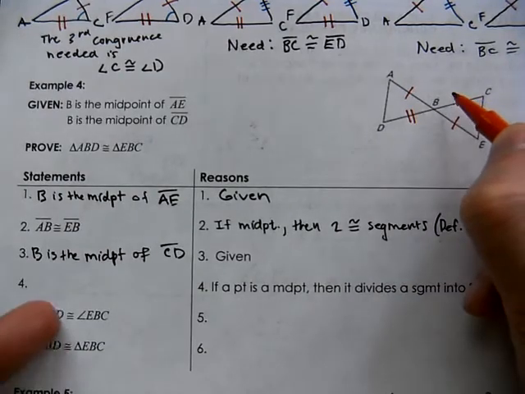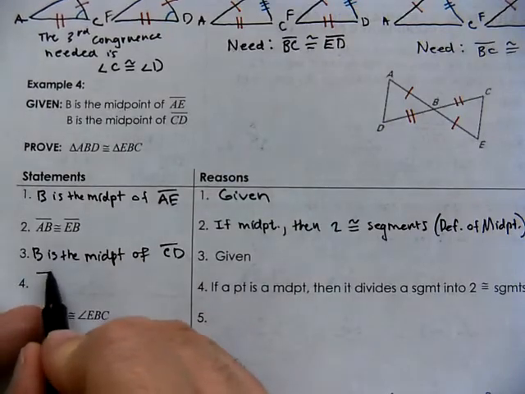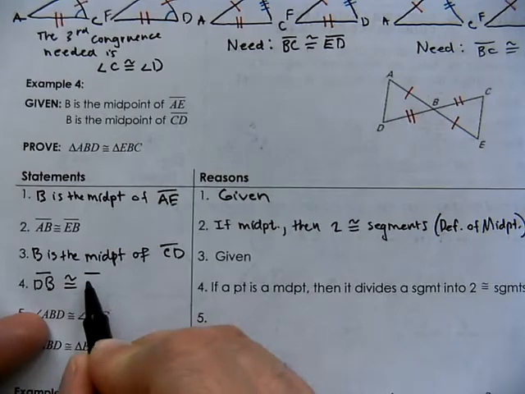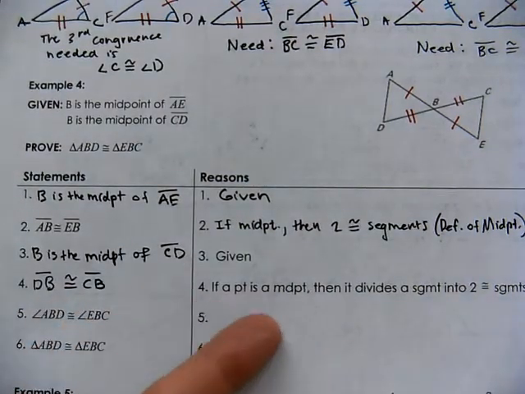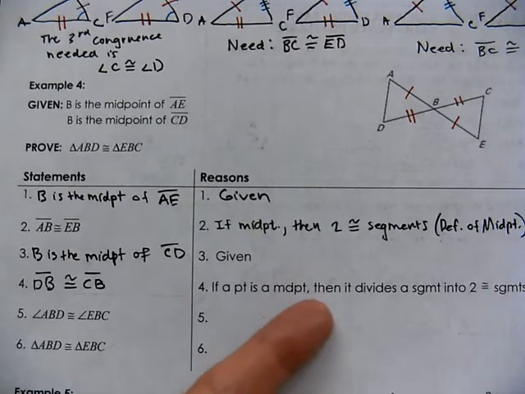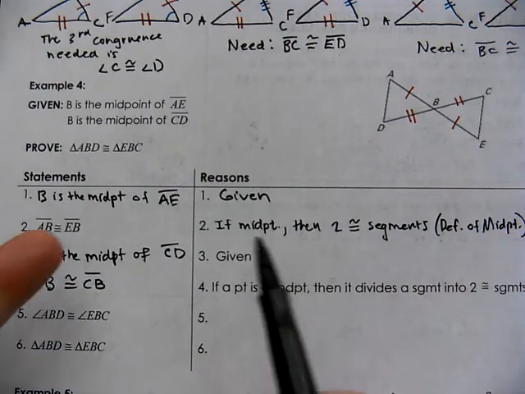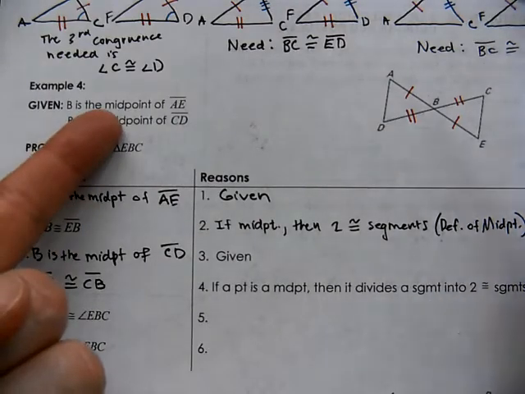If we've marked it, we have to name it. And so here we have segment DB is congruent with segment CB. Again, that's the same definition of a midpoint. Here it is printed out for us. If a point is a midpoint, then it divides a segment into two congruent segments. There it is. So we use the exact same definition of a midpoint twice because we had a midpoint in two locations.